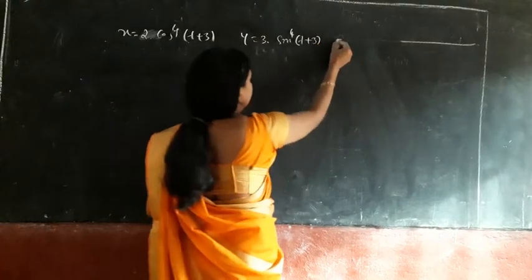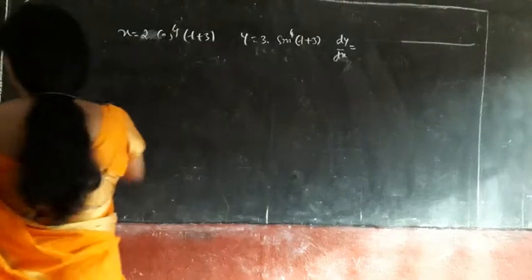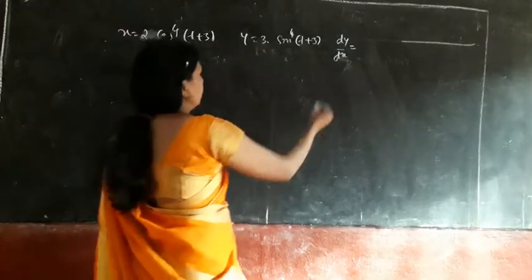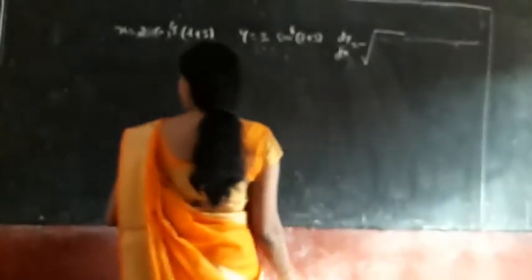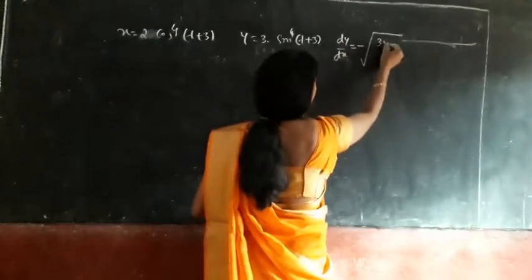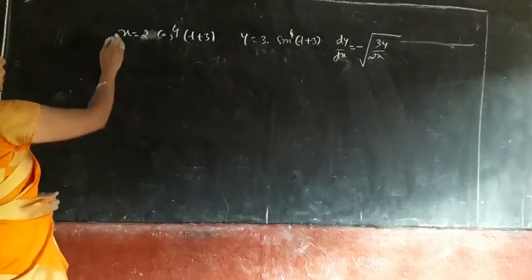Then show that dy upon dx equal to minus square root of 3 upon 3, y upon 2x. We have to prove this result.